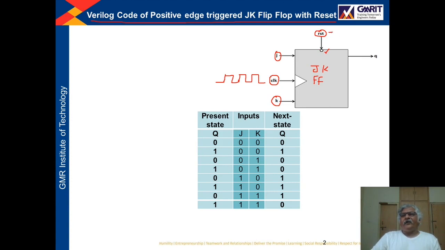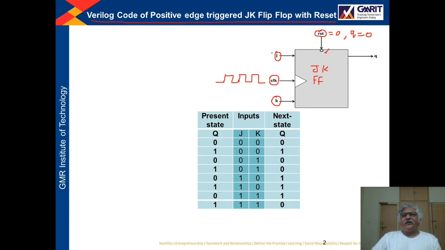The meaning is if reset is 0, then the flip-flop will reset, meaning the output of the flip-flop will become 0, whatever may be the value of J and K. And this reset input is an asynchronous input. This means it is not synchronized with the clock. At any point of time you can apply a 0 signal on the reset, then the flip-flop will reset. It does not depend upon the clock.